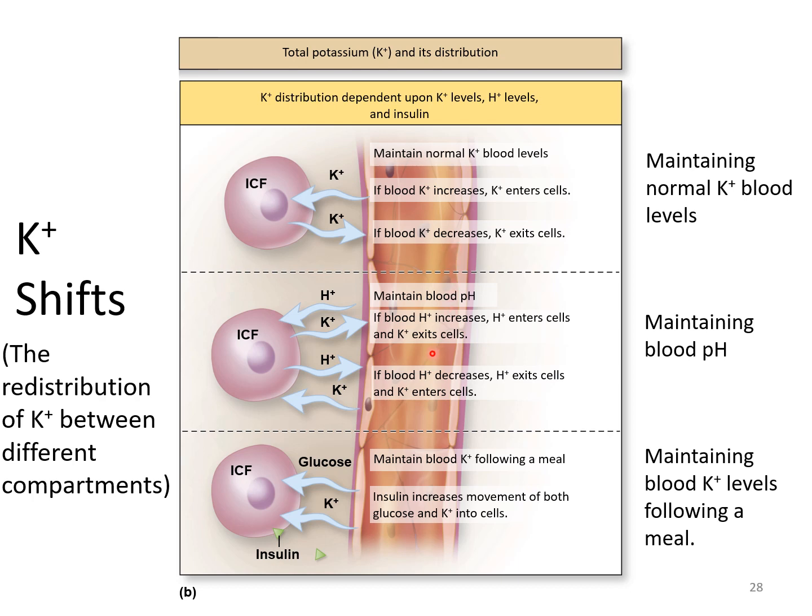It can also move between the blood and the cells based on pH. If the blood hydrogen ions increase, this causes the blood to become acidic. So the hydrogen ions need to get out of the blood, and they'll start to enter the cells.